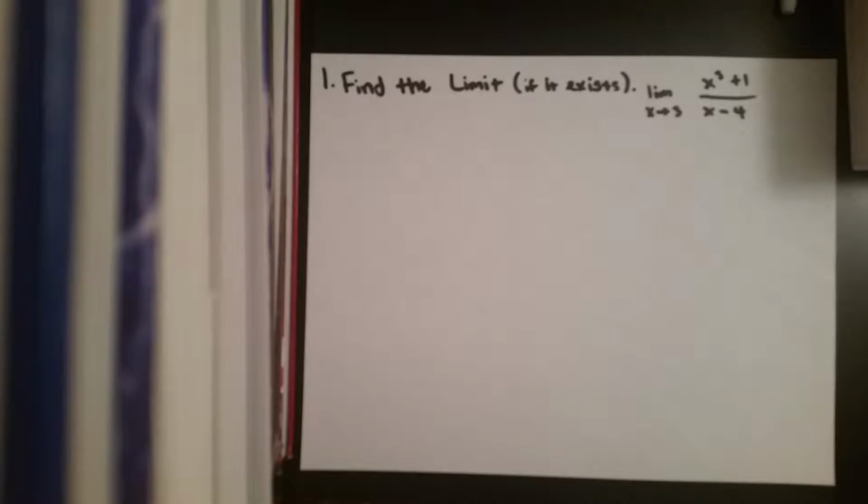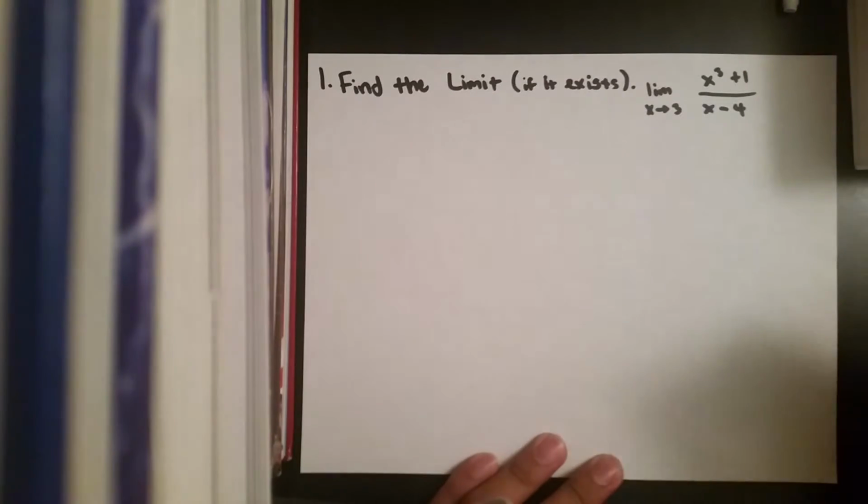Alright, so now we're going to be going over 2.3, and the first question is find the limit, if it exists, for the limit as x goes to 3 of x cubed plus 1 over x minus 4. The great thing about this one is it's very simple.